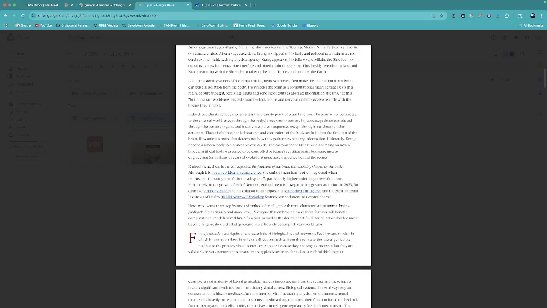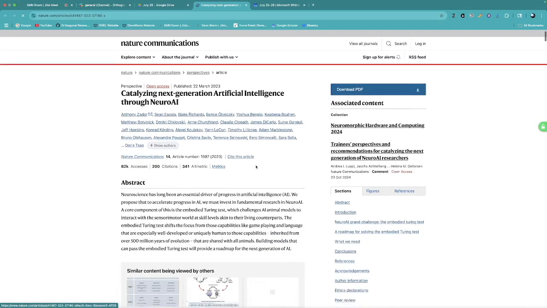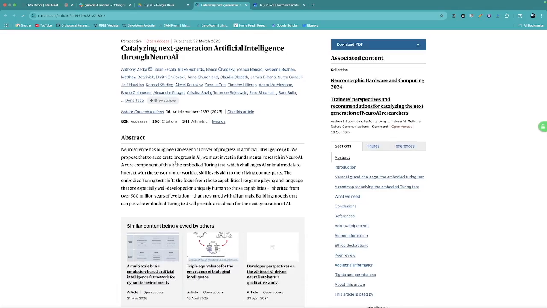So Anthony Zador in 2023 proposed an embodied Turing test, which is this paper here, Catalyzing Next Generation Artificial Intelligence through NeuroAI. This is where they talk about the embodied Turing test, which challenges AI animal models to interact with the sensorimotor world at skill levels akin to their living counterparts.